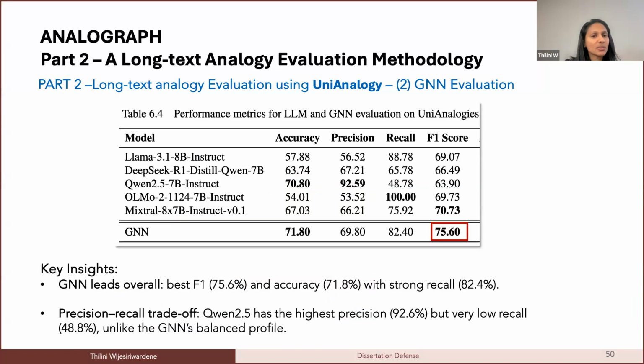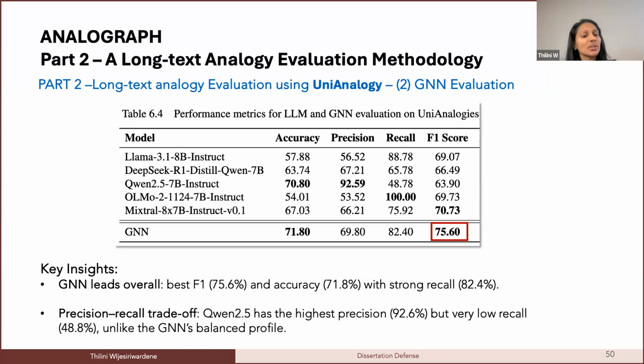Now we have the results for GNNs also, and we compare with the LLMs. GNNs have the best F1 and accuracy and a strong recall. Here, actually, this is what Dr. Das also asked. There are models that have very high precision but low recall, and very high recall and low precision.